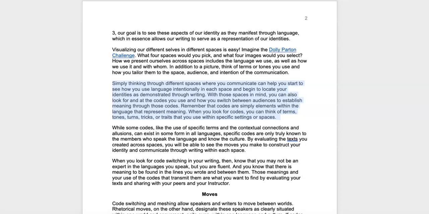With those spaces in mind, you can also look for and at the codes you use and how you switch between audiences to establish meaning through those codes. Remember that codes are simply elements within the language that represent meaning. When you look for codes, you can think of terms, tones, turns, tricks, or traits that you use within specific settings or spaces.